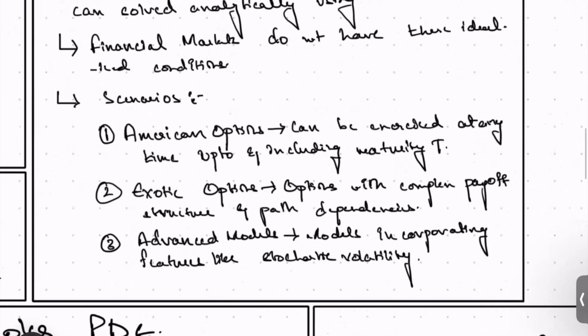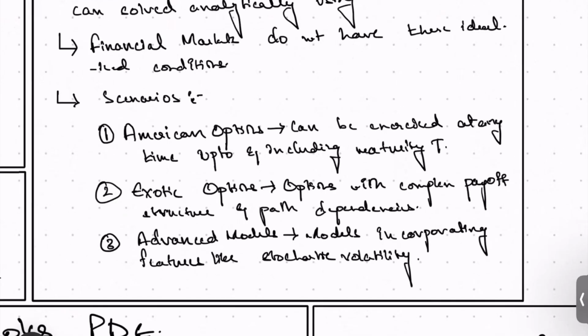In one of those scenarios, we have American options. These options can be exercised at any time up to and including the expiration date. The possibility of early exercise introduces a free boundary problem, which prevents a simple closed-form solution. Numerical methods are required to decide at each point in time, for each asset price, whether holding the option or exercising it is optimal. The next scenario is the case of exotic options.